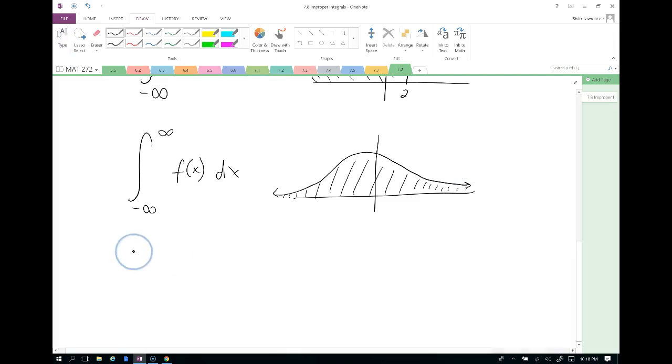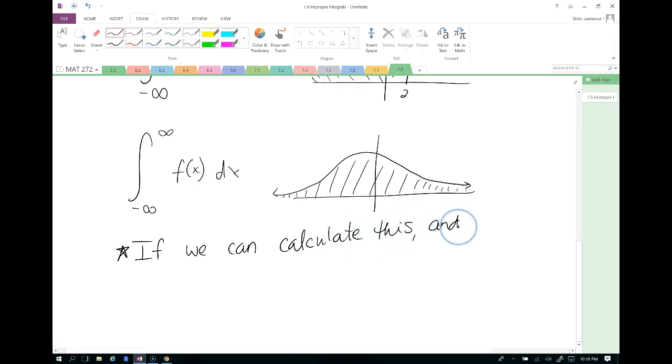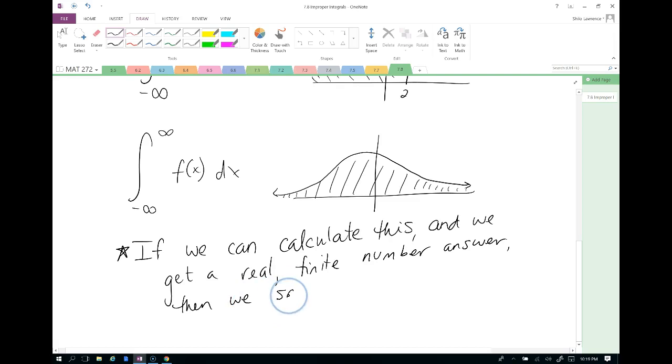So with that in mind, if we can calculate this, and we do get a number, a real finite number answer back, then we say the integral is convergent.